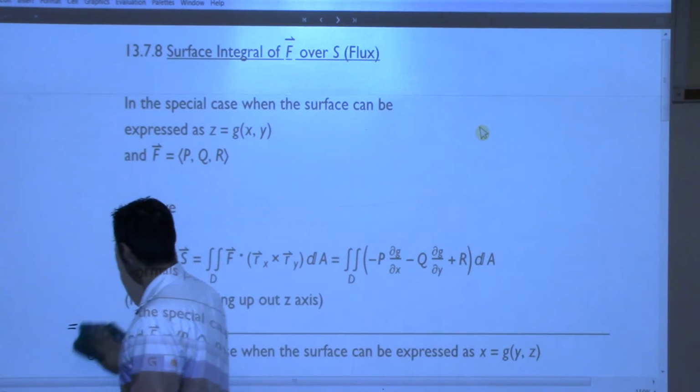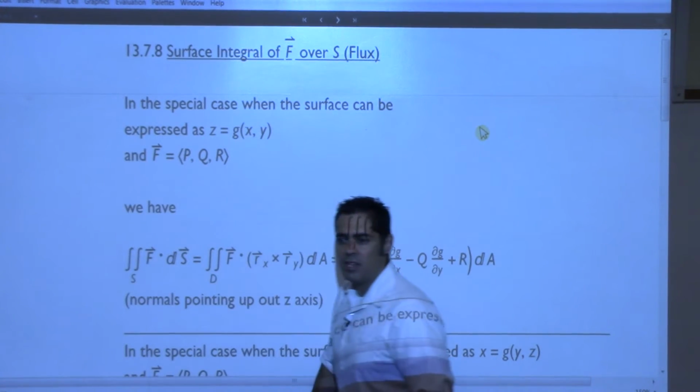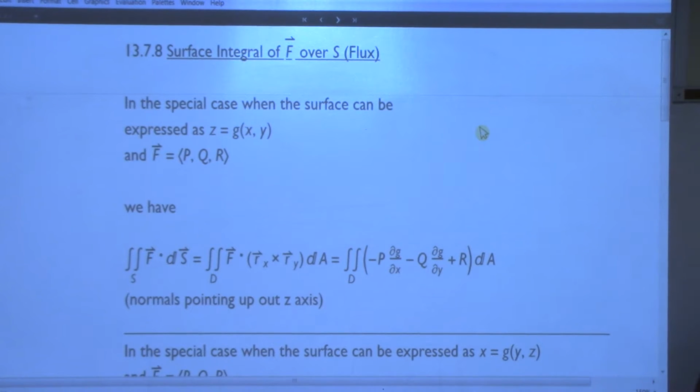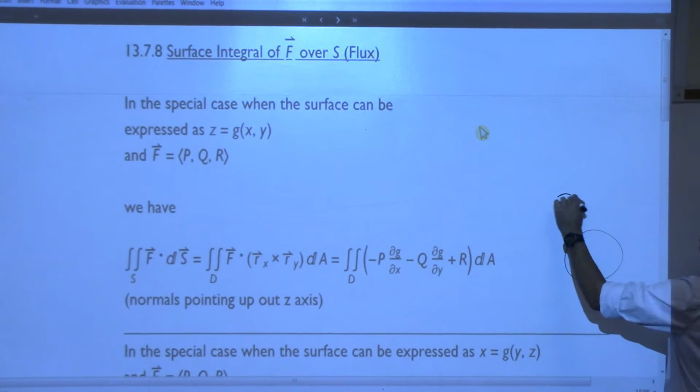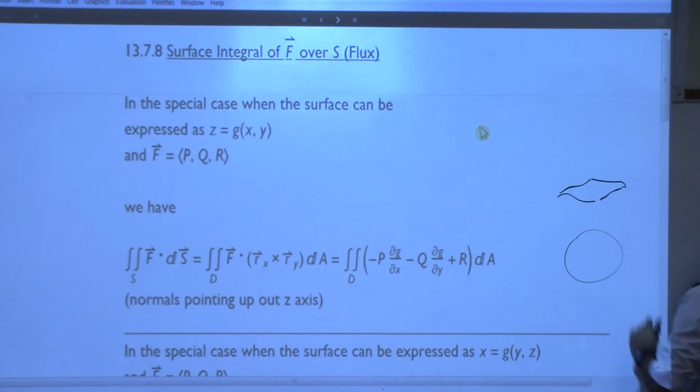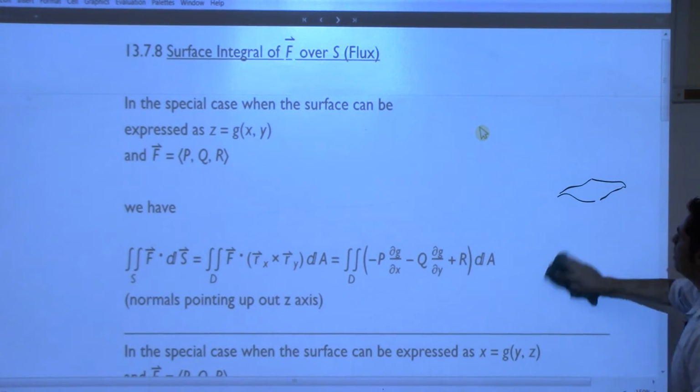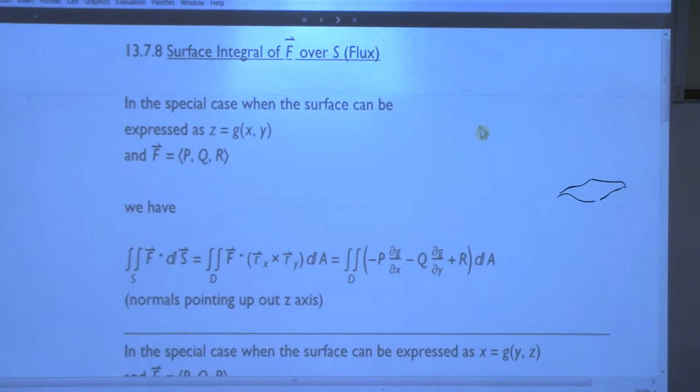If it's closed, then the orientation is easy to figure out, right? Like if I have the sphere, positive orientation is outward. But if I just give you a sheet floating here in space, what's positive orientation? So that's what these shortcuts are for.